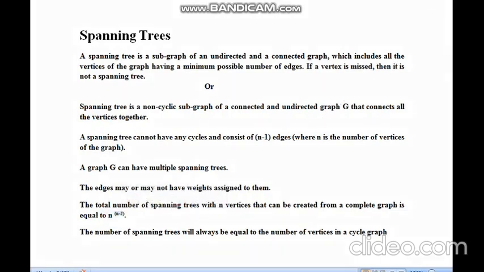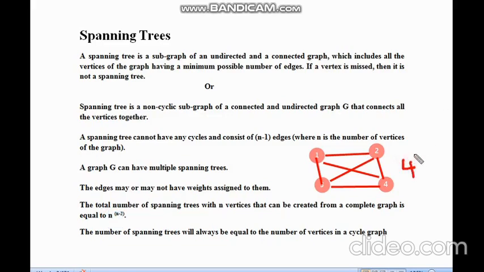If you take a complete graph like this, how many spanning trees are possible? Here n to the power of n minus 2, where n is the number of vertices in the given graph. Hence here 4 vertices, 4 minus 2 is 2, and 16 spanning trees are possible for this graph, if the given graph is a complete graph.